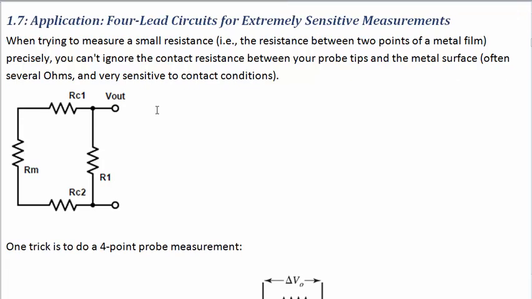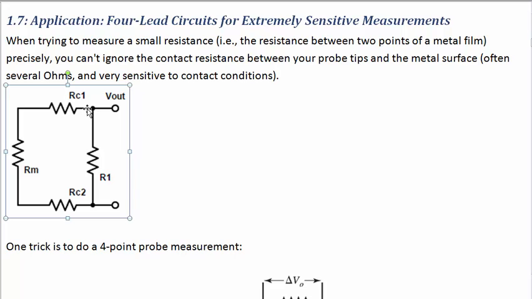Section 1.7, application: 4-lead circuits for extremely sensitive measurements. What this is talking about is if you've got a really small resistance that you're trying to measure, say right here, and you hook up your multimeter, that's this, you've got a voltage measurement, but it's got some internal resistance, then the problem is when you connect it, there's a contact resistance that shows up on both parts where you have to make connection to this small resistance.